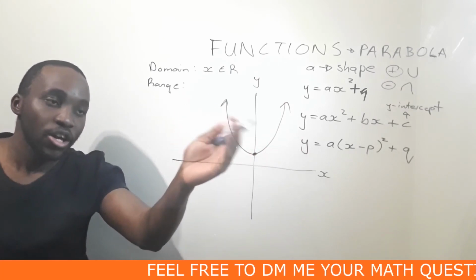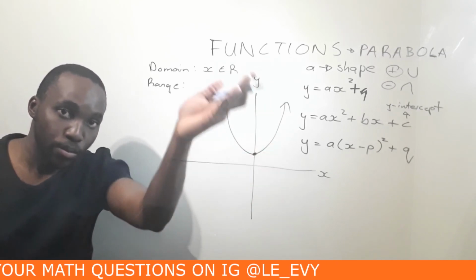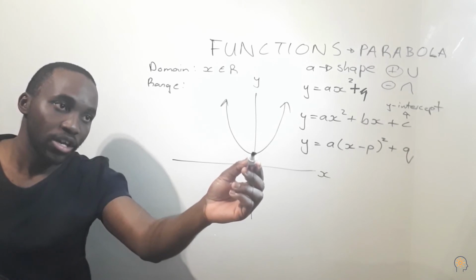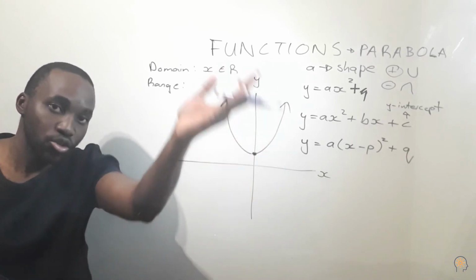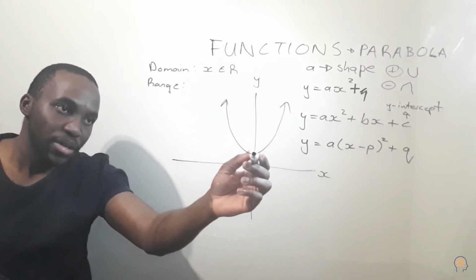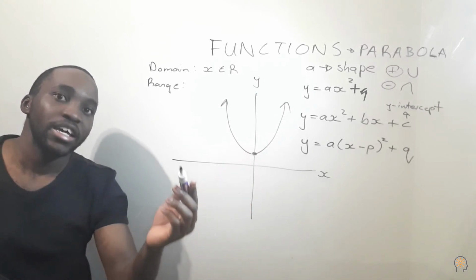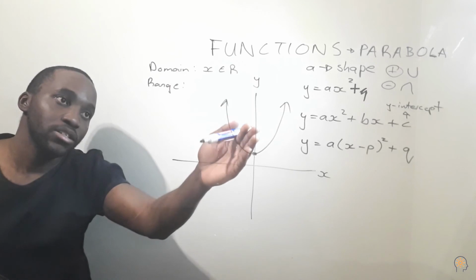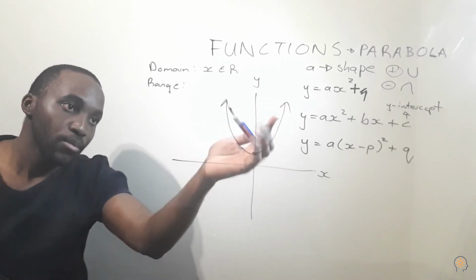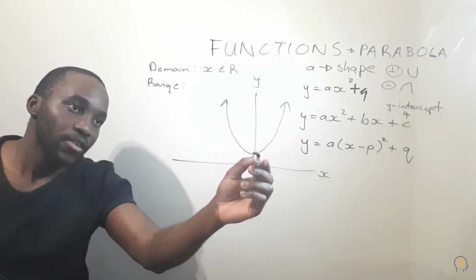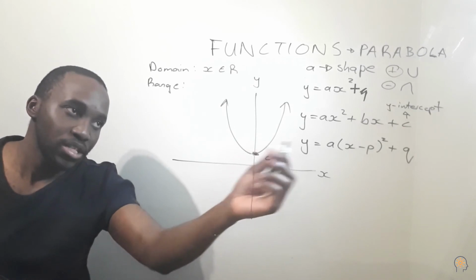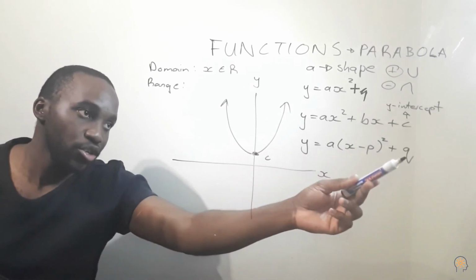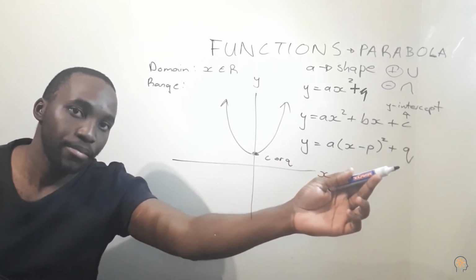Range, however, you want to look at the graph from top to bottom. So with the parabola, you want to look at your turning point, in the sense that looking at this graph from top to bottom, this is like your minimum restriction, in the sense that it's literally the point where the graph stops going down. So what I mean is, if you look at the graph from top to bottom, we see that from this value here, this will just be C in this standard form, and this will just be Q in this standard form there.